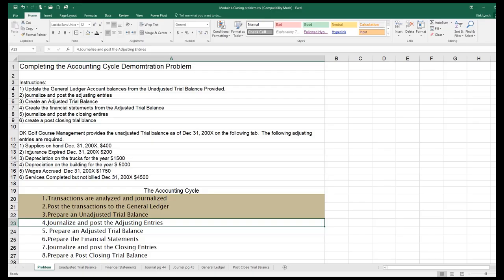The second adjusting entry says insurance expired on December 31st is $200. When they use the word expired, they mean that is the amount of the adjusting entry. If they had said the balance of the insurance account were some number, then we would have to do math similar to what we did with supplies to figure out what the adjusting amount should be. But in this case, they give us the adjusting amount as $200.